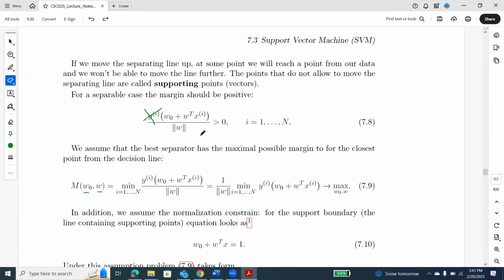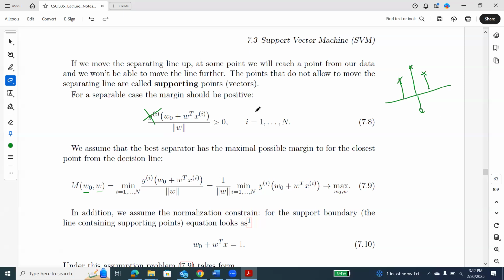And we want to maximize the distance. In this line below, we calculate the distance for every point xi, and we choose the smallest distance. For example, we have points here. We can calculate the distance to one point, to another point, to other points.